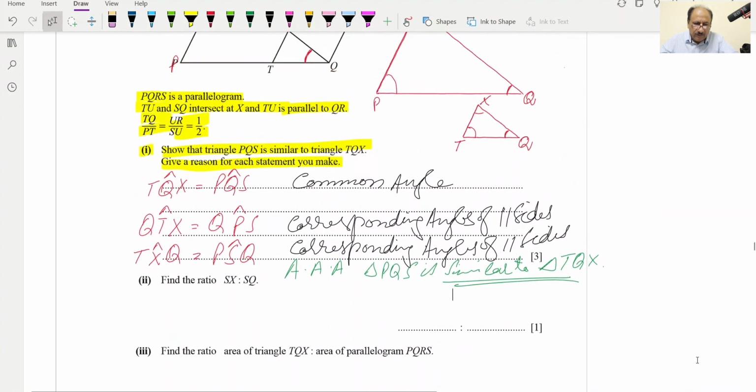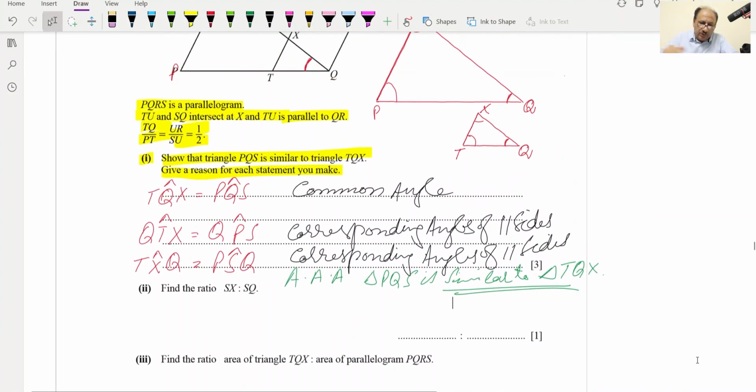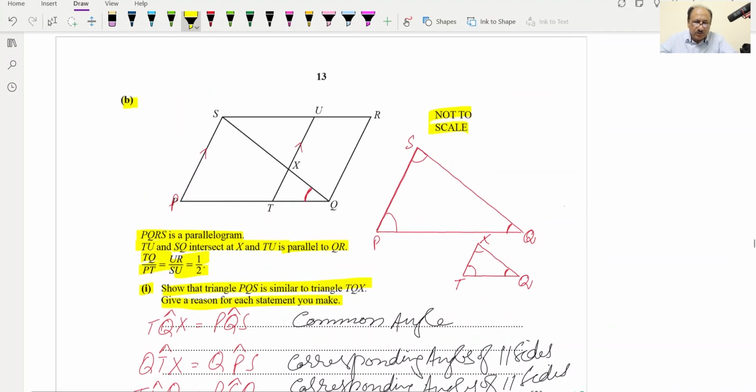Hopefully you understood this. Then they are saying find the ratio of B part, second part, find the ratio of SX to SQ. We know that this is 1:2, and similarly this is 1:2, and these are parallel lines. This one is parallel to this one and is parallel to this one, and this side is parallel to this one because this is a parallelogram.